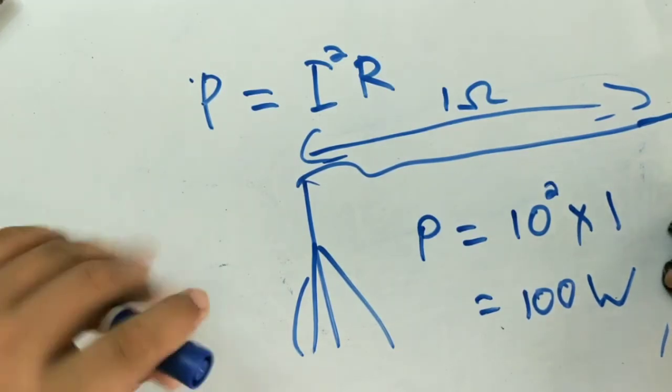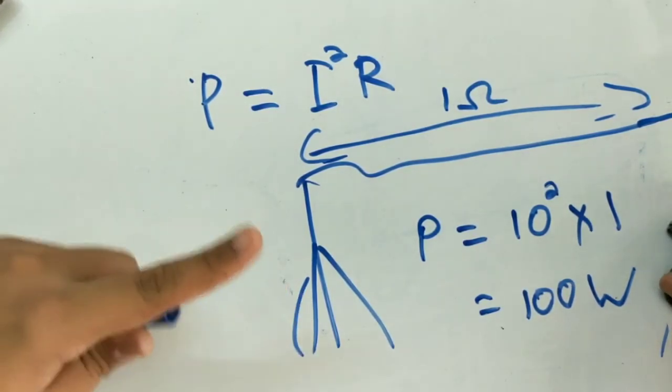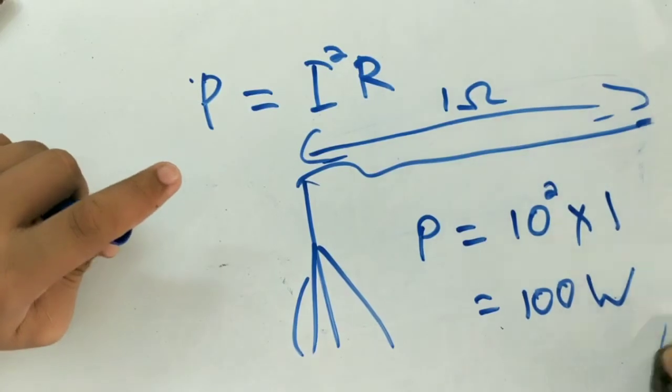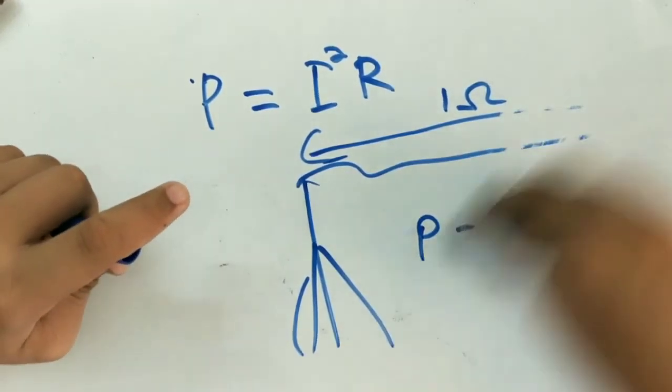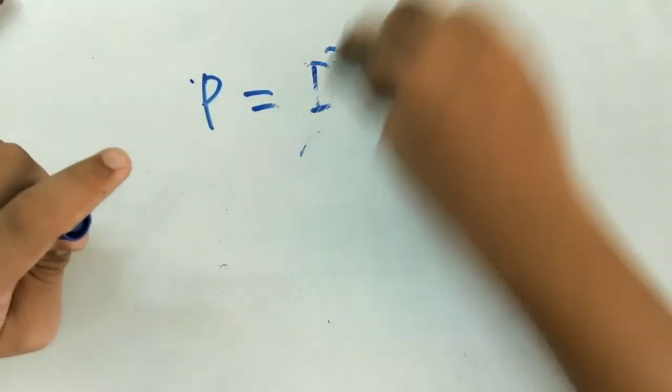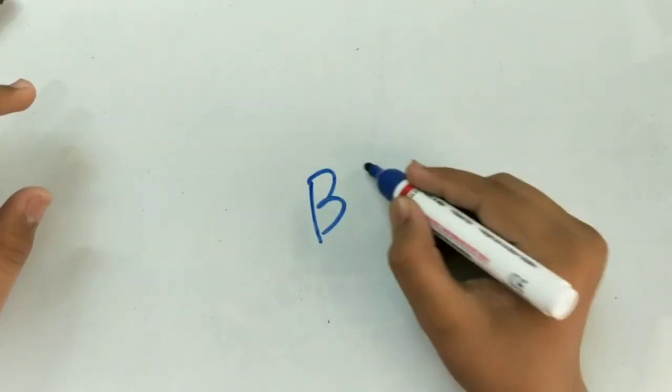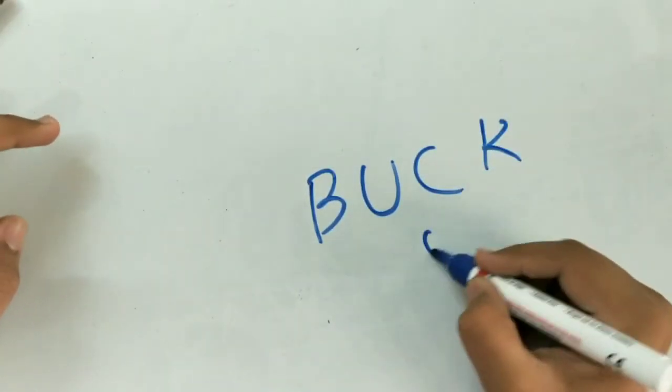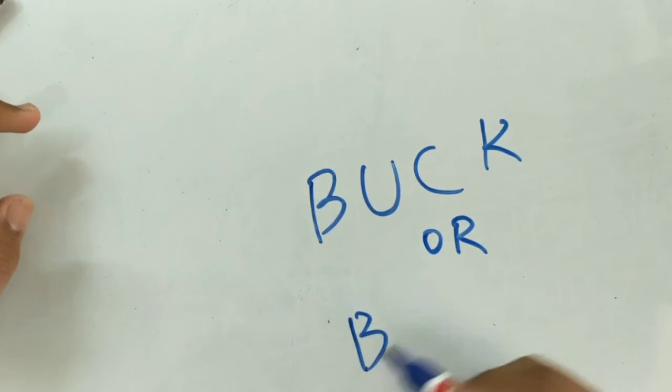And one more thing, DC can be stepped up or stepped down, but it's a very difficult process, and it's commonly called buck or boost converters.